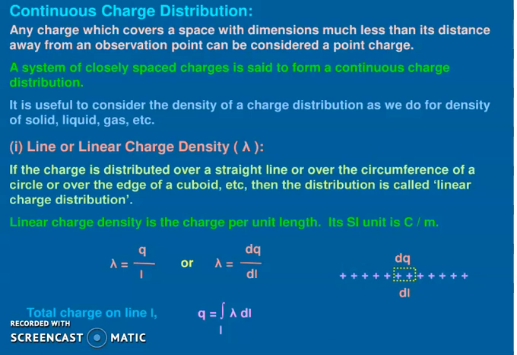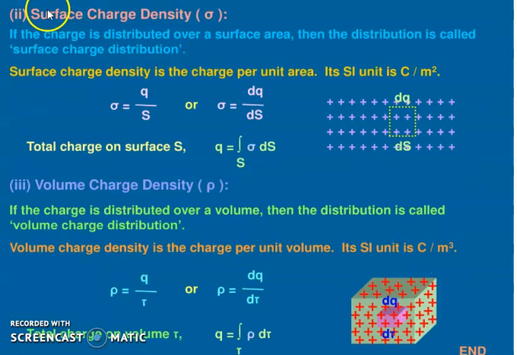Right? Next, the new one is surface charge density. What is surface charge density? If the charge is distributed over a surface, charges are closely spaced over a surface, then the distribution is called surface charge distribution. In the surface charge distribution, we calculate the surface charge density, and surface charge density is sigma.